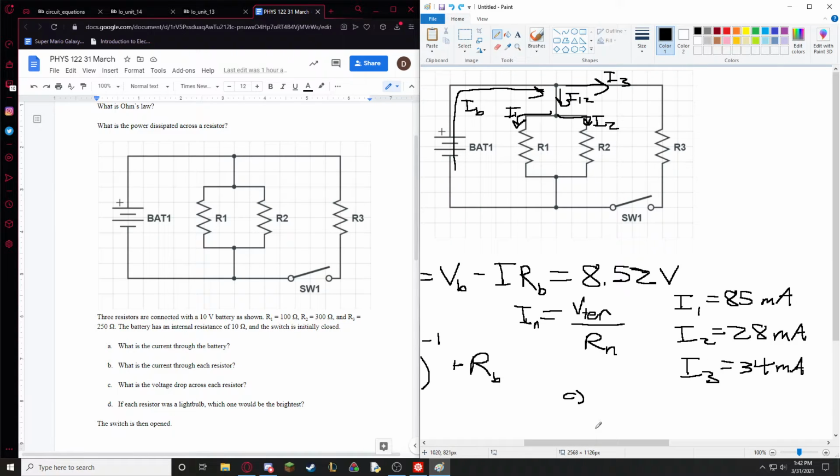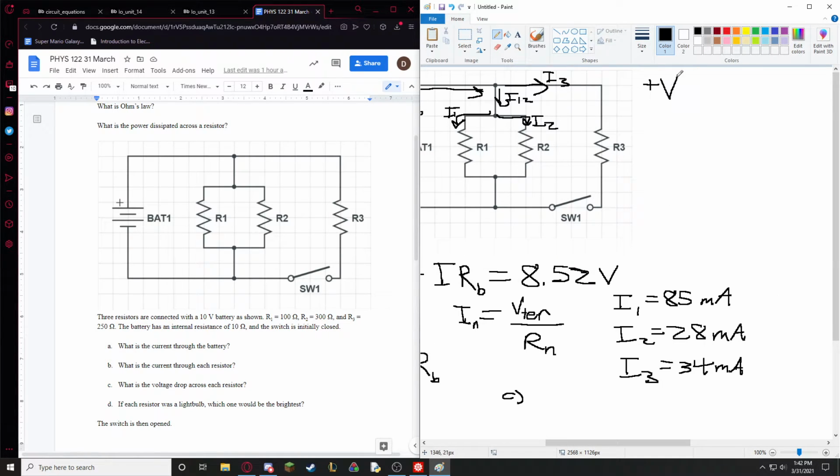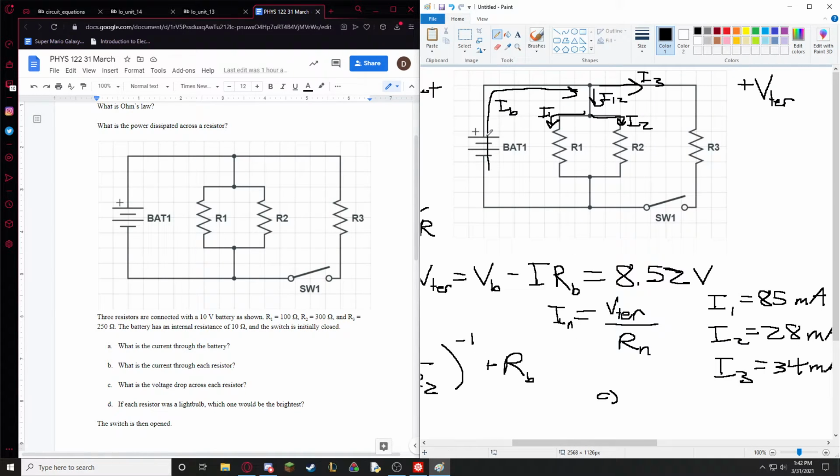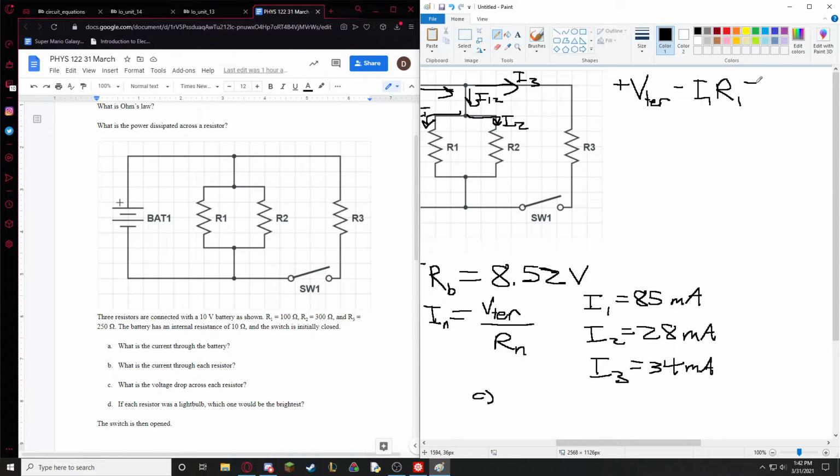Let's just take the simplest example. Let's draw one loop for R1. So it would be plus V terminal across the battery, minus I1 R1 across the resistor, which would have to be 0, right?